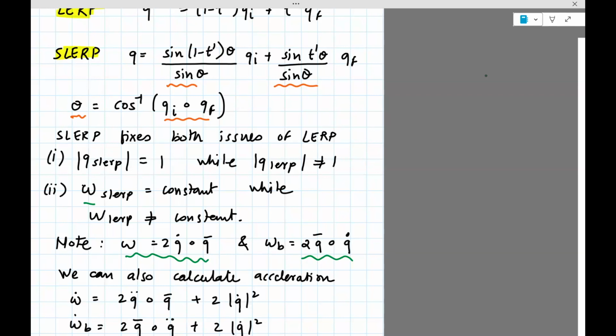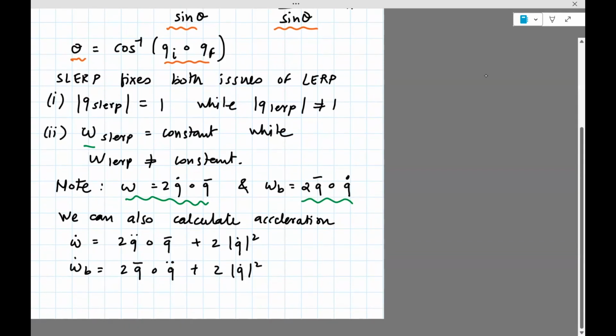So it not only helps you to go on the geodesic path, it also lets you keep the angular velocity constant. You can also calculate the acceleration, which is just taking the derivative of omega, omega dot, and then that's the formula. Simple chain rule gives you that formula. It's nothing new. The second part comes because you have q dot times q dot prime, I think, and then that gives you q dot squared.